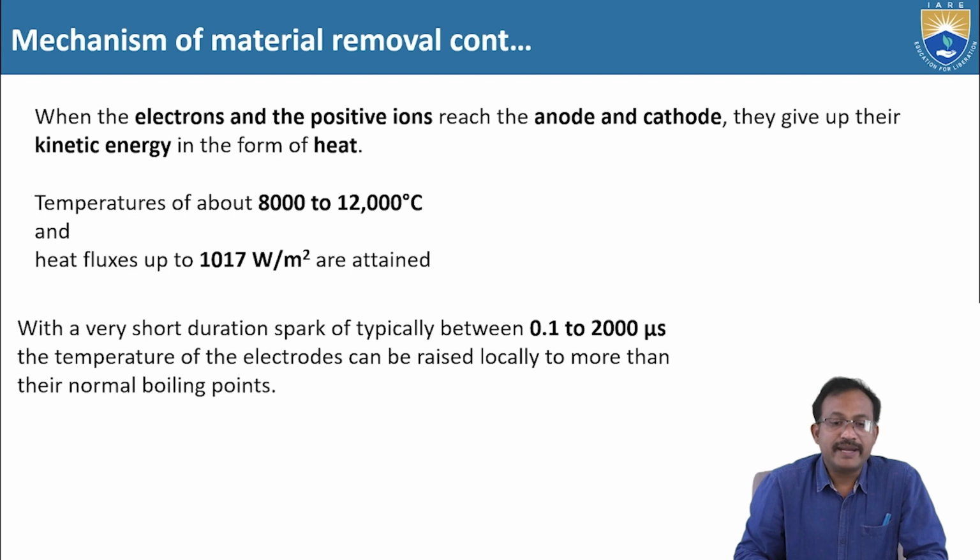When the electrons and the positive ions reach the anode and cathode, they give up their kinetic energy in the form of heat. So here high kinetic energy is converted into thermal energy in the form of heat.